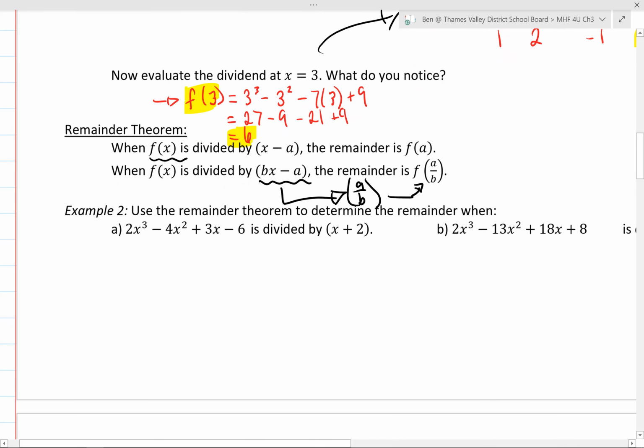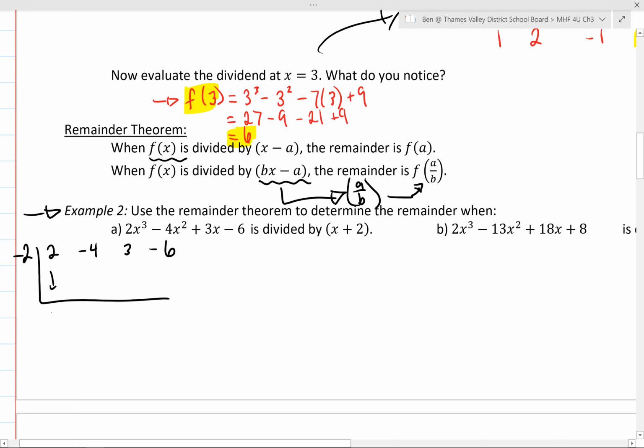Okay, so I want you to use the remainder theorem to determine the remainder when this function is divided by this. Well, you might be tempted to throw this into synthetic division. Right, we can try that out right here, synthetic division. The root of my divisor is -2. My coefficients are 2, -4, 3, and -6.